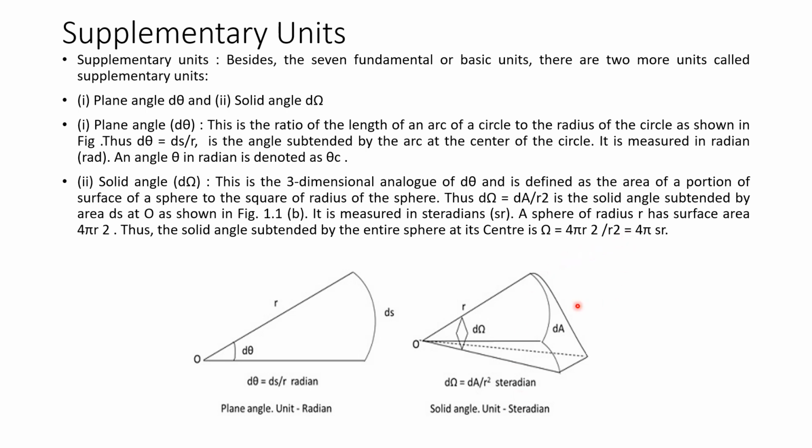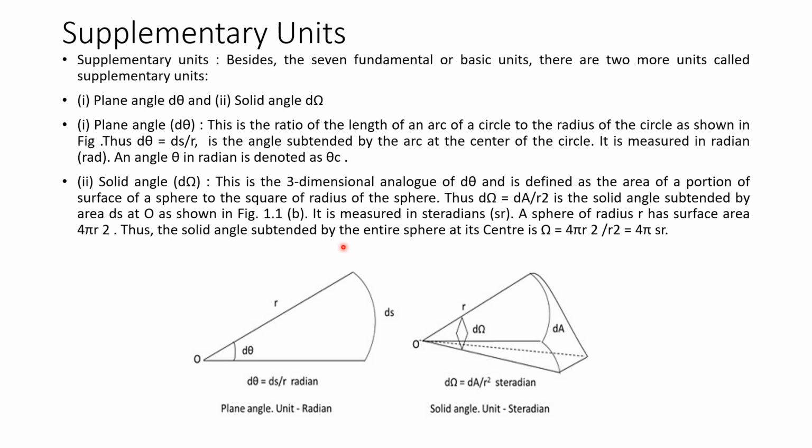A sphere of radius r, a complete sphere. What is the surface area of a sphere? It is 4 pi r square. So when a complete sphere subtends an angle at the center, dA will be replaced by 4 pi r square upon r square.